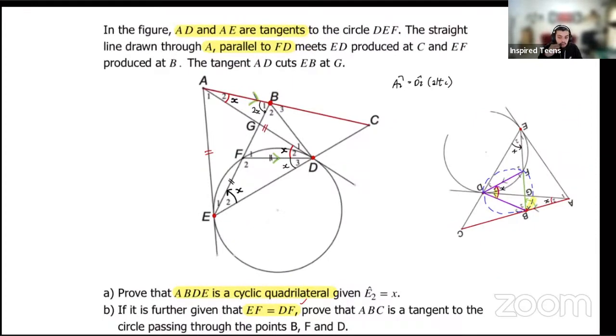When we have an isosceles triangle, it indicates to us that angles opposite equal sides are equal.